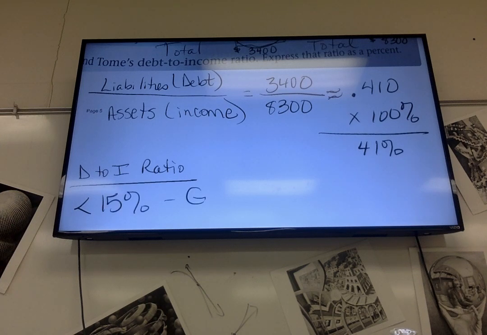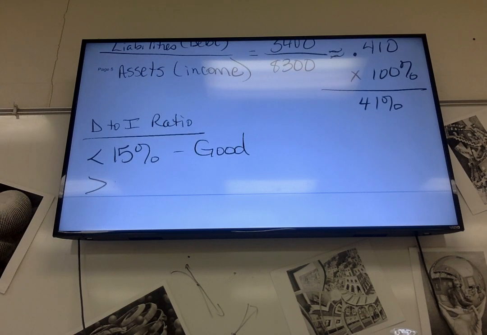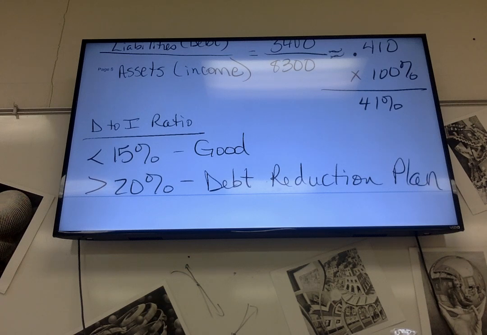That's really good. If it's greater than 20%, then you need a debt reduction planning. So 41% is really bad.